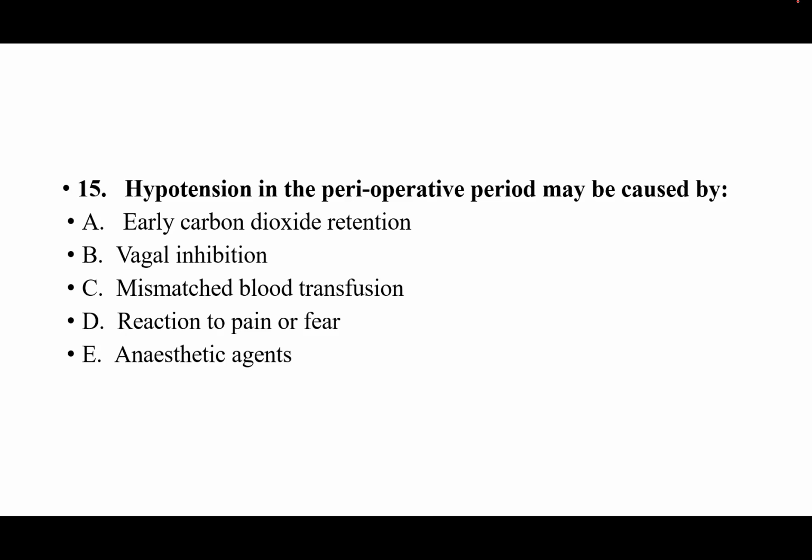Okay, hypotension. Causes of hypotension in the perioperative period may be caused by A, early carbon dioxide retention, B, vagal inhibition, C, mismatched blood transfusion, D, reaction to pain or fear, E, anesthetic agents.